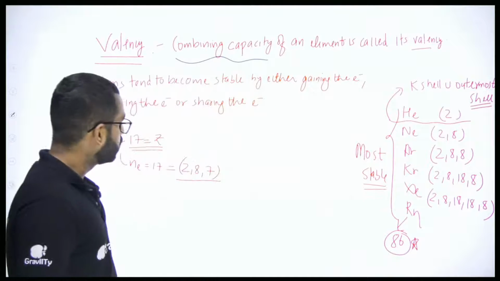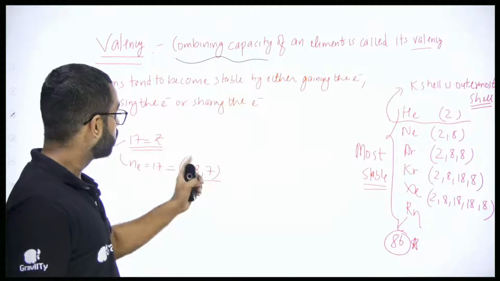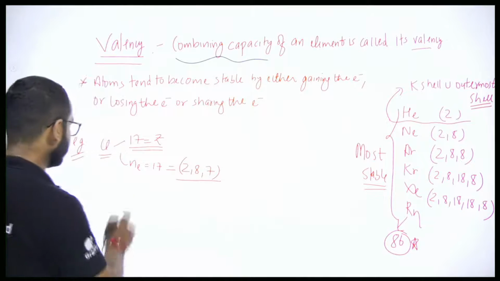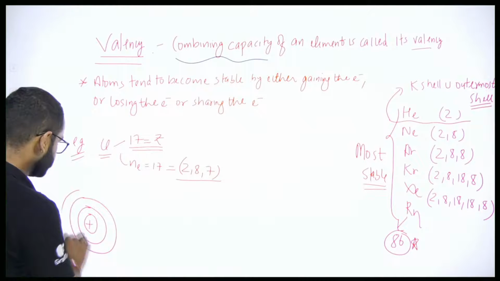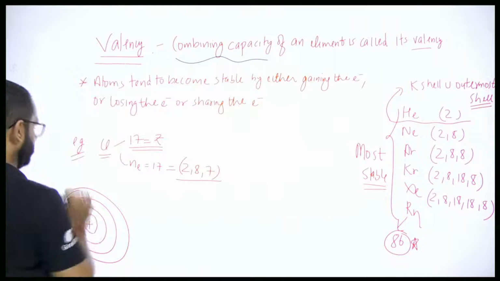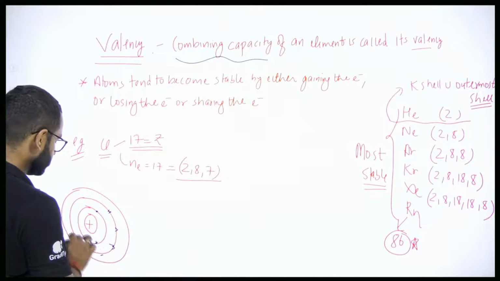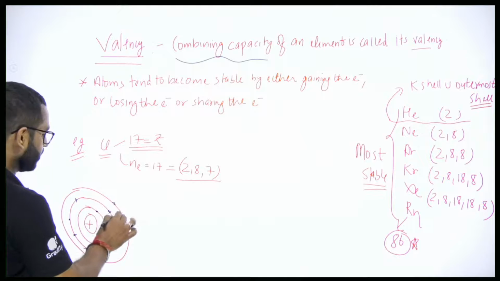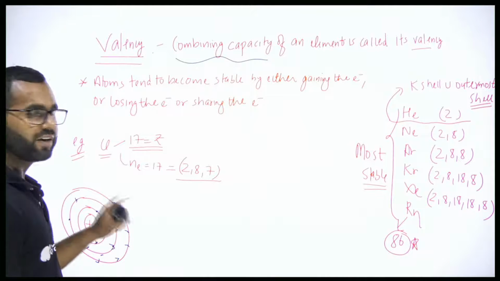So to remove 7 electrons, it requires very high energy. To remove all the 7 electrons, because it is like what? This is the chlorine atom. It has 2 electrons here, 8 electrons here, 7 electrons here, right? To remove one electron is okay.